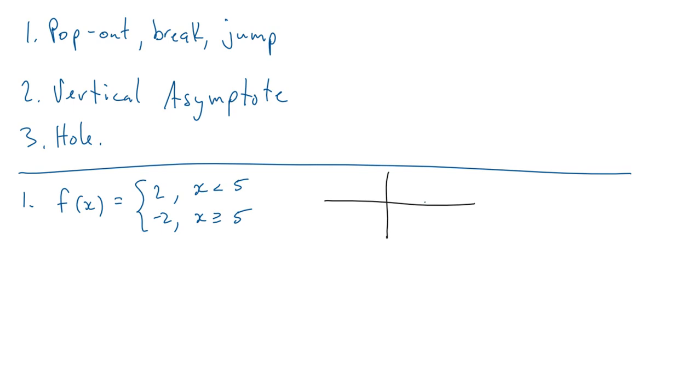So if this is 5, that's what that would look like. So that's a jump. It's jumping. The function is jumping from one location to another. You call it a jump or a break. Okay, and a pop out.